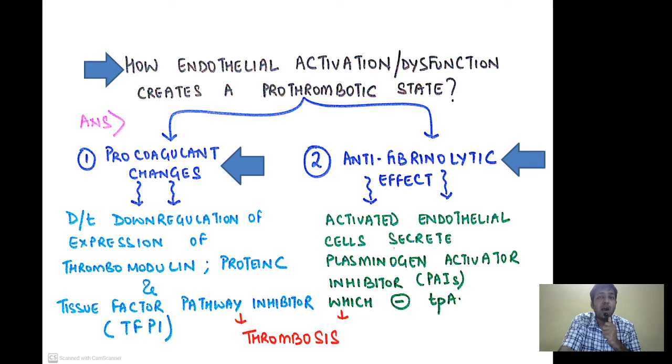This is true after any kind of injury. But once the endothelium becomes activated, injured, or dysfunctional, there will be an anti-fibrinolytic effect, and both these effects are going to lead ultimately to thrombosis.